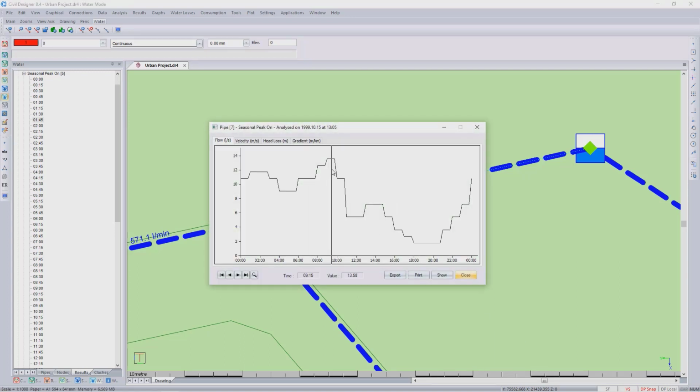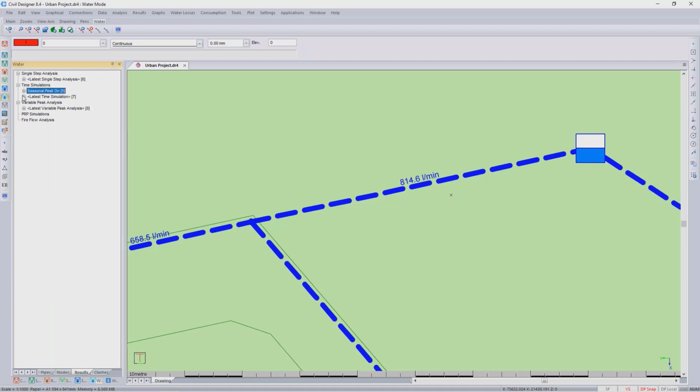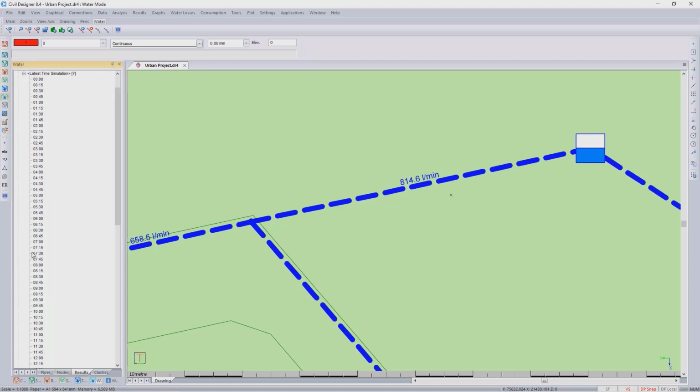You'll see that at 9:15 is the highest peak, so we can go and look at 9:15. Just press. Now you can see what the peak is if you had the seasonal peak switched on. I'll close this and I'll go back to our 4 o'clock in the afternoon.